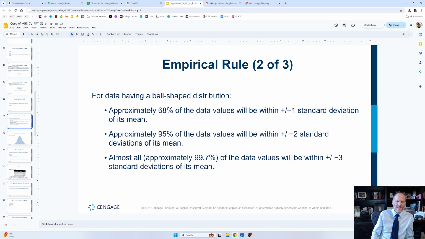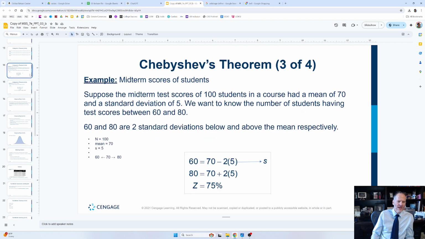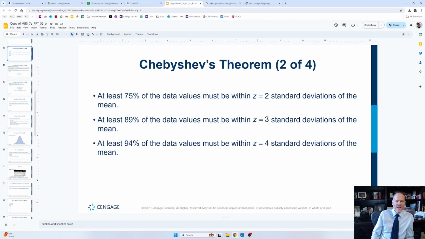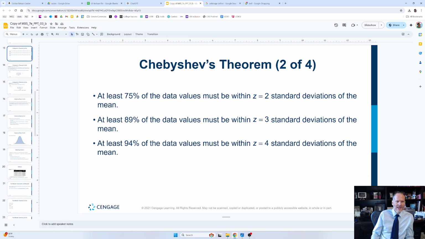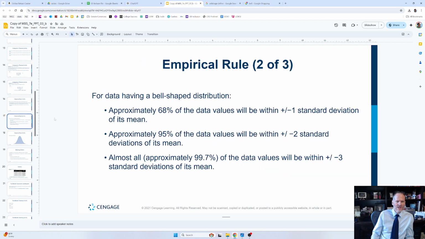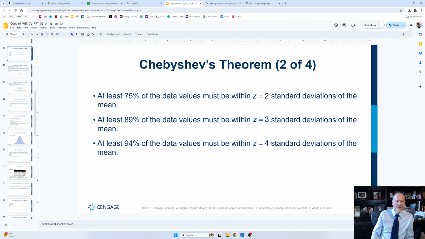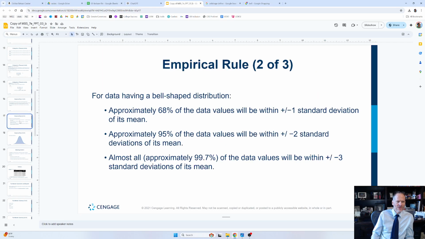So we could compare the 68, 95, 99, for 1, 2, and 3 standard deviations, with Chebyshev's, and Chebyshev's was, what was it? Oh my gosh. So here we have 68, 95, 99. And we're just going to go with 2 and 3. At 2 we have 95 versus 75 for Chebyshev's.